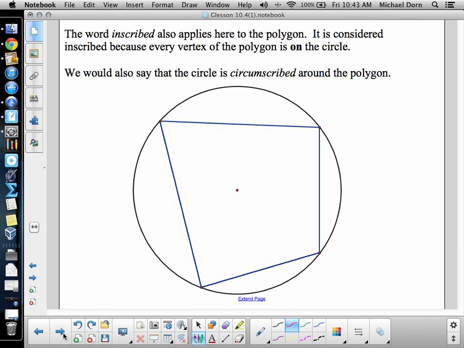All right. Inscribed also applies to polygons. Now, this is going to be an interesting little thing. If I take this polygon and inscribe it in a circle, so all four vertices are on the circle, and I pick any pair of opposite angles, I'll call this one angle 1 and this one angle 2.